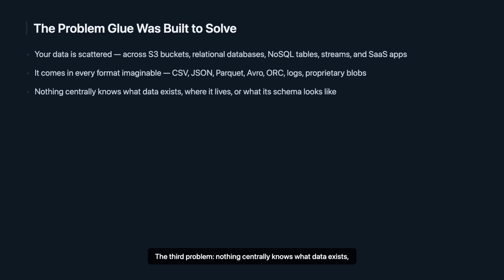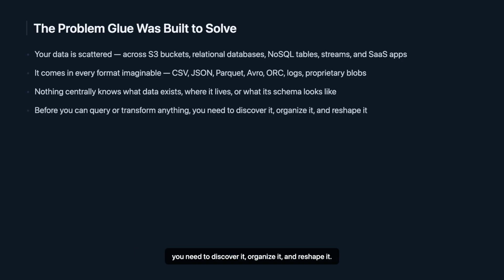The third problem, nothing centrally knows what data exists, where it lives, or what its schema looks like. And the fourth problem, before you can query or transform anything, you need to discover it, organize it, and reshape it. That 4-part challenge is exactly what Glue was built to solve, and the rest of this video is about how it solves each piece.